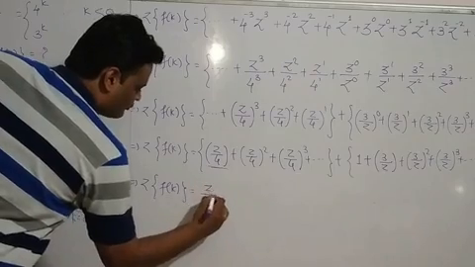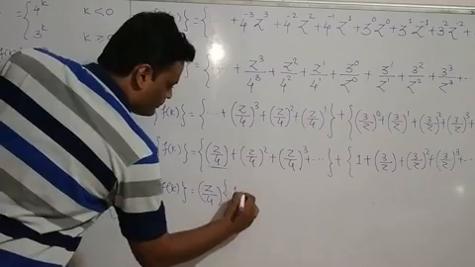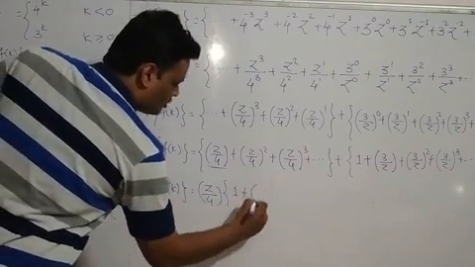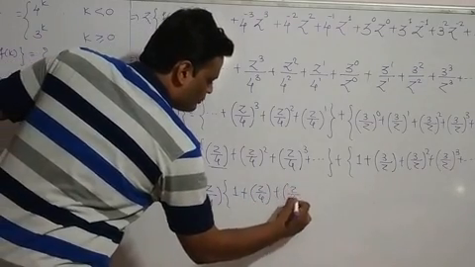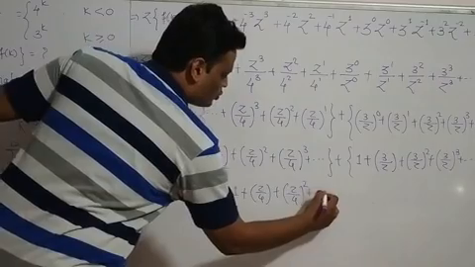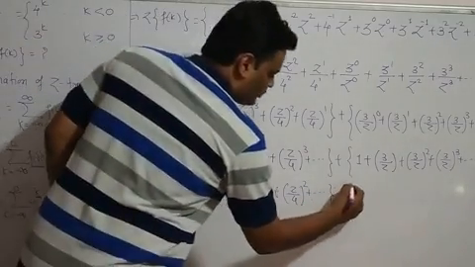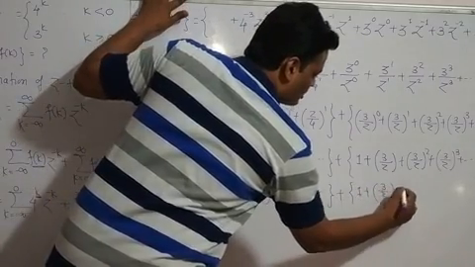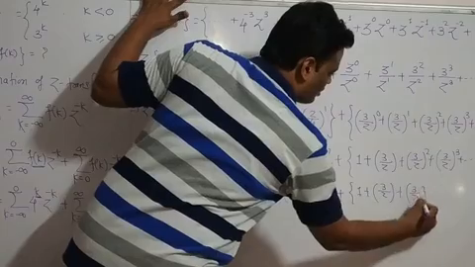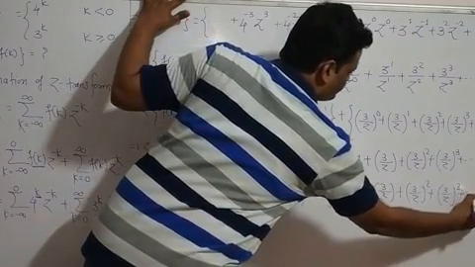If z by 4 comes out common from the first part, it is 1 plus, now here you have square, so one z by 4 is out, so you have z by 4, then z by 4 square and so on, plus, now here no need to take anything common, so here 1 plus 3 by z plus 3 by z square plus 3 by z cube and so on.